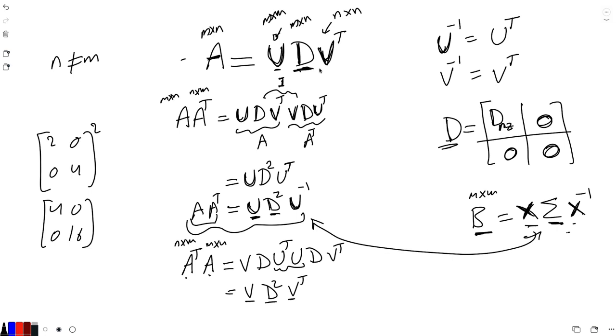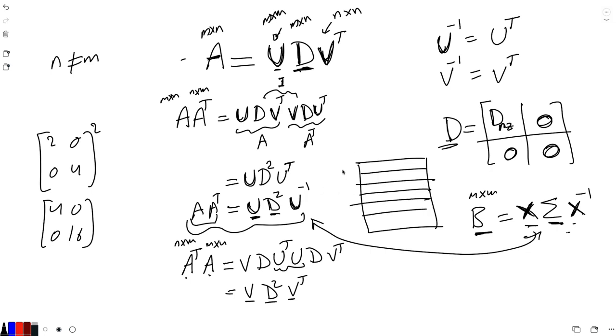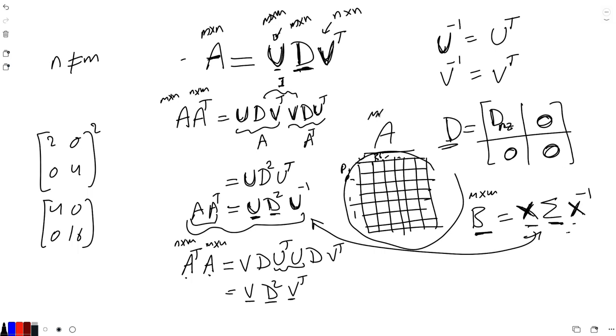If we have a table where we have people, for example person 1 and person 2 and so on, and then some attributes or features like the weight, or blood pressure, or whether the person is diabetic or not, maybe more information from the database of a certain health center, we can represent this data as a matrix A. This matrix A is M times N, where M is the number of people and N is the number of attributes.